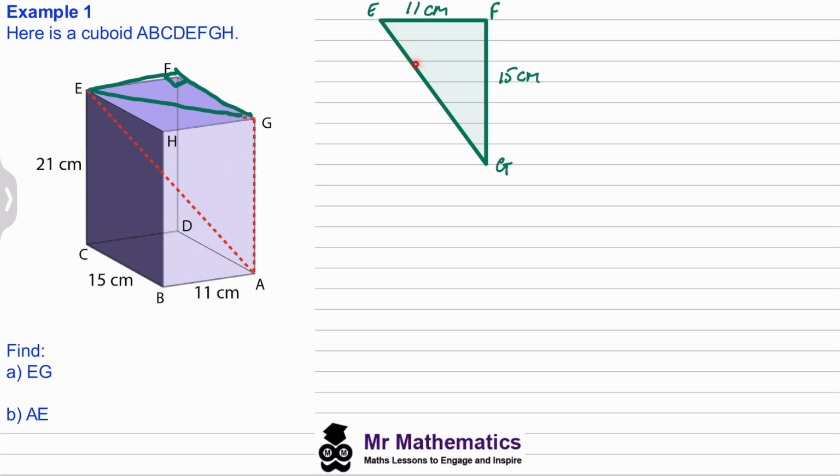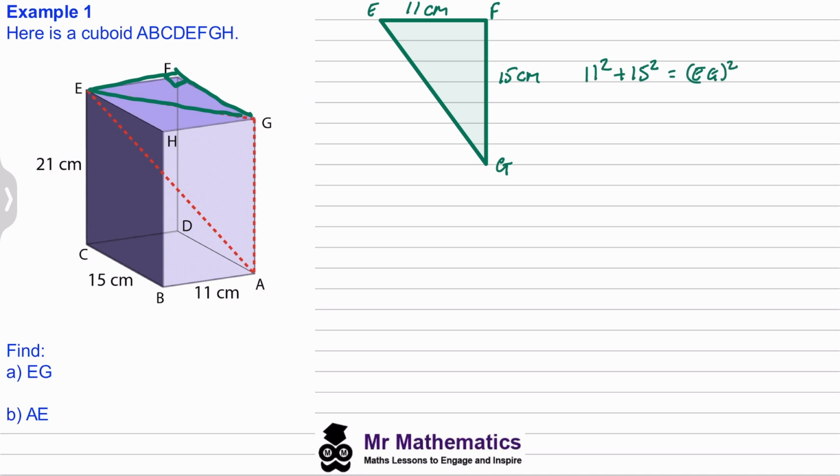To work out EG using Pythagoras' theorem, the area of a square on this side will be 11 centimeters squared. The area of a square on FG will be 15 centimeters squared. And these will add together to make the area of a square on EG.